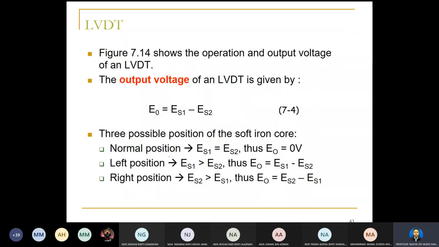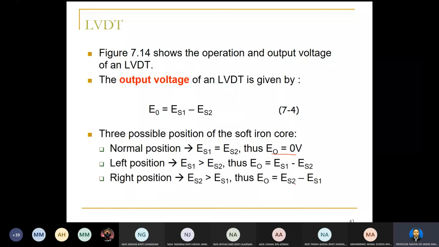First is the normal position, which means our output voltage is 0. If we move to the left, S1 is greater than S2, so our output voltage will be S1 minus S2. If we go to the right position, S2 is greater than S1, so our output voltage will be S2 minus S1.